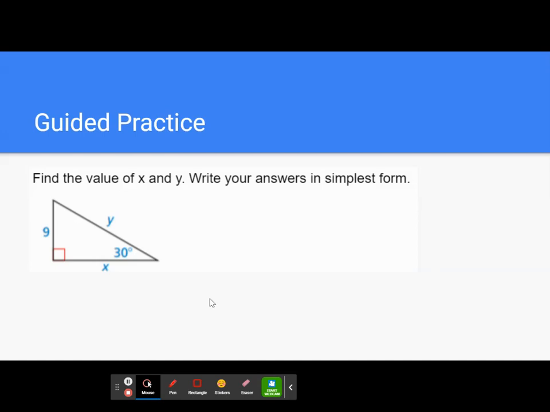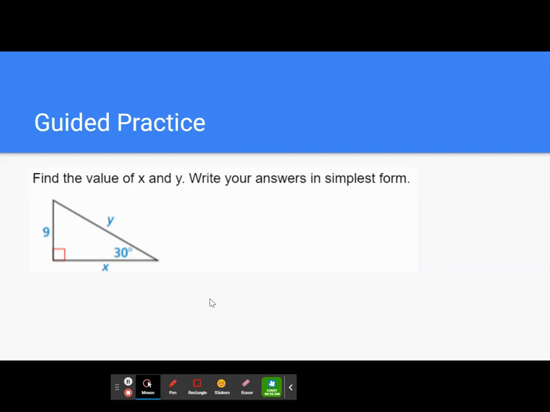All right, you need to be working this problem out. Why is this the hypotenuse? We're going to use the Y. Oh, no, that's X. Okay, never mind.